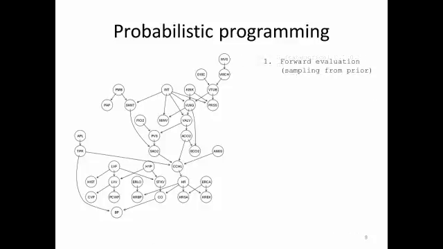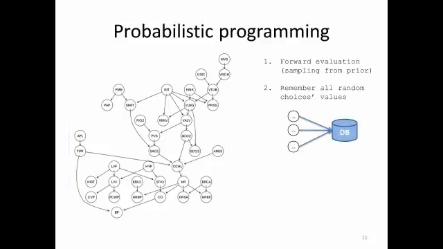And then to make inference in this model, imagine that you have some last nodes in your model fixed. So you have some observations from your data. How you can make inference is described in the Church paper. You sample, first of all, your model. So you make a forward evaluation. You sample from the prior.